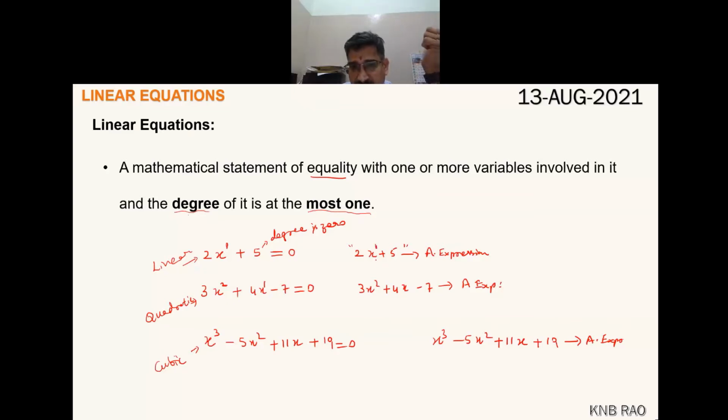If the degree of the expression is at the most 1, it is called a linear expression. If the degree is at the most 2, it is called a quadratic expression. If the degree is at the most 3, it is called a cubic expression. And if the degree is at the most 4, then it is called quartic.